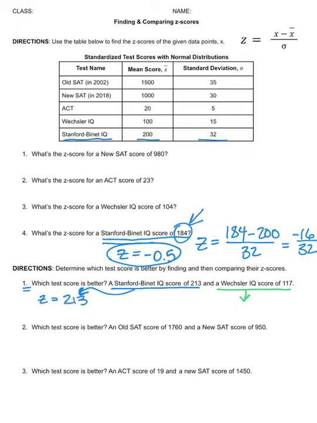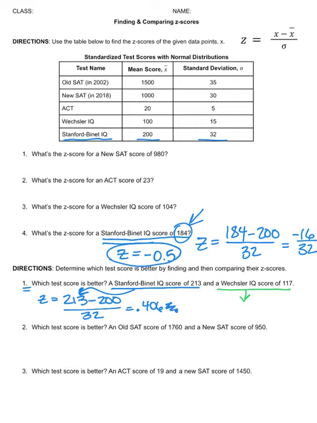So 213 minus the mean, which on that test was a 200, divided by the standard deviation, which is 32. So remember, do that in 2 steps. So that gives us a z-score of 0.406. Actually, we'll leave it as 0.406.